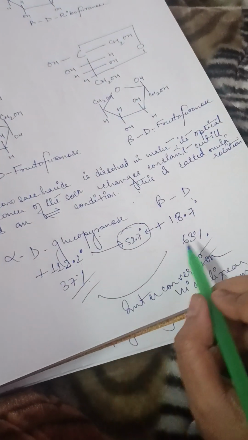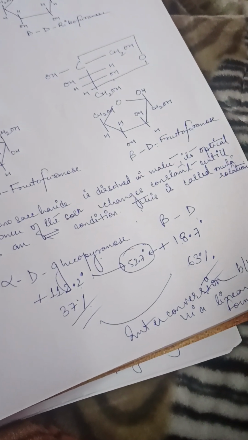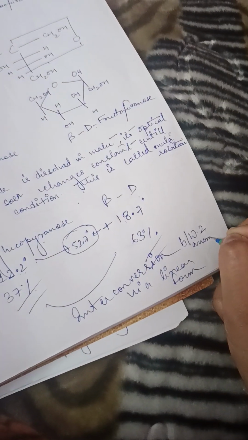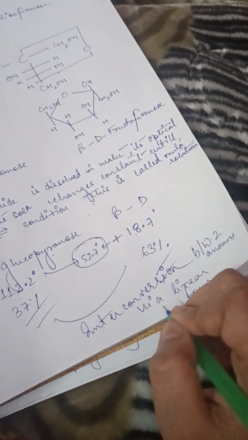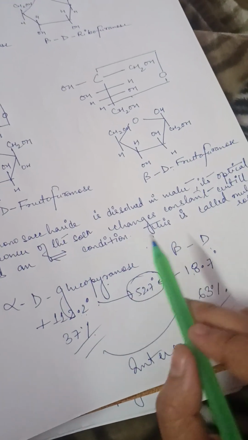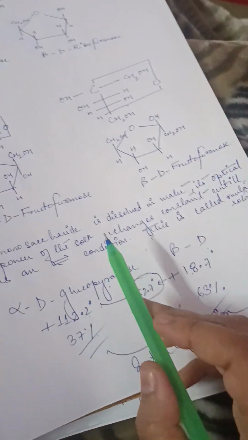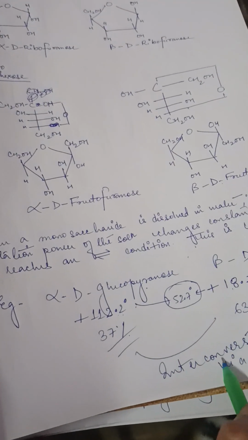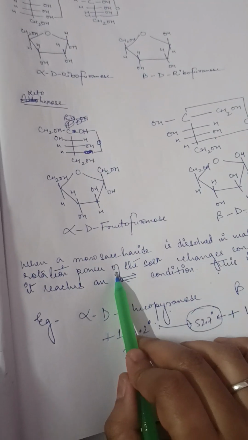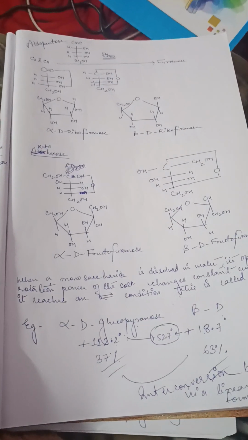Interconversion between two anomers occurs via the linear form. Therefore, interconversion between these two happens via the linear form, and therefore mutarotation occurs. This is the cause, this is the example, and this is the definition. Definition, example, cause. Okay? Okay, thank you.